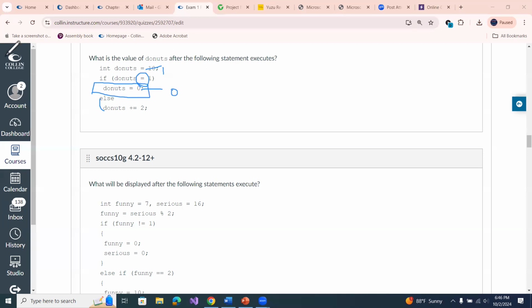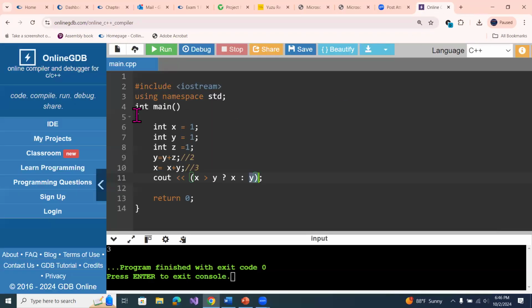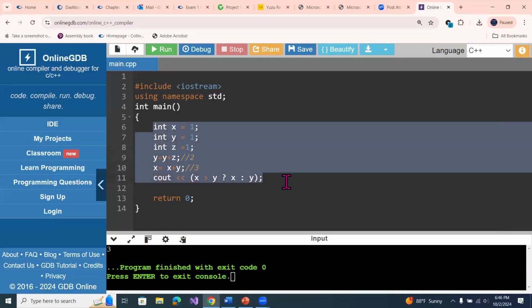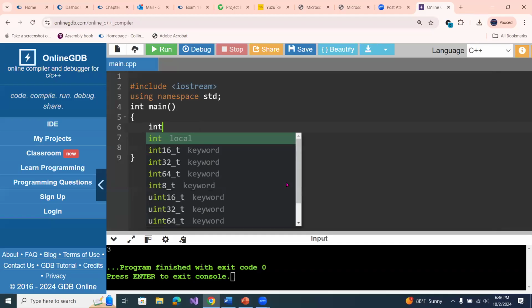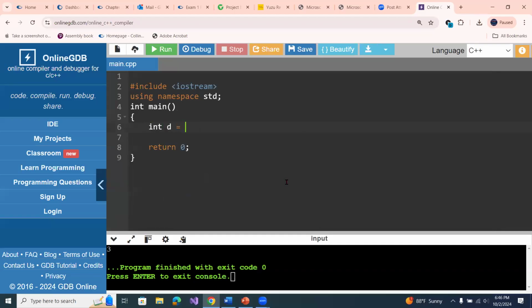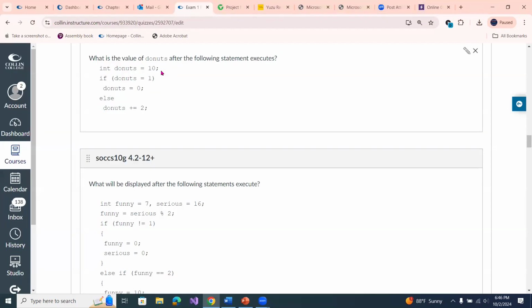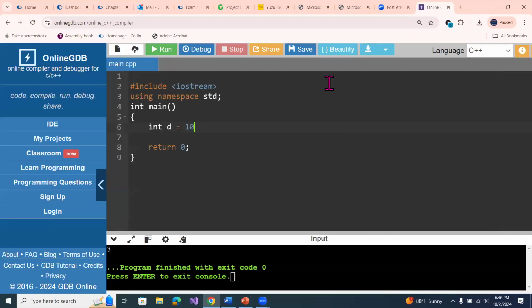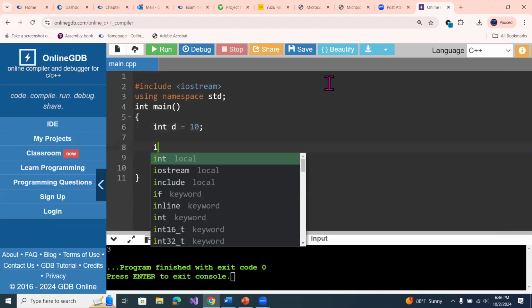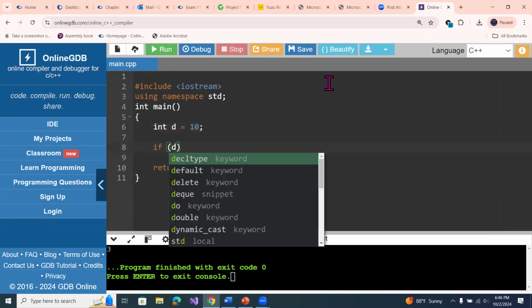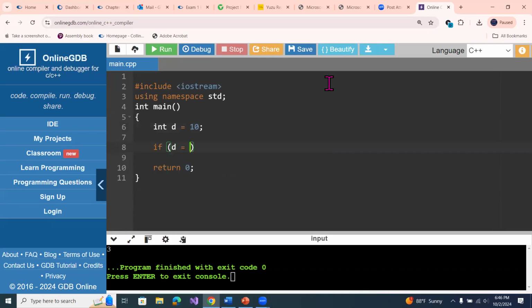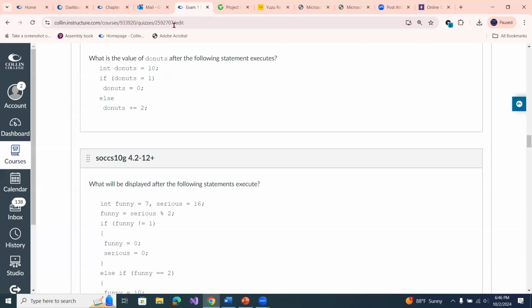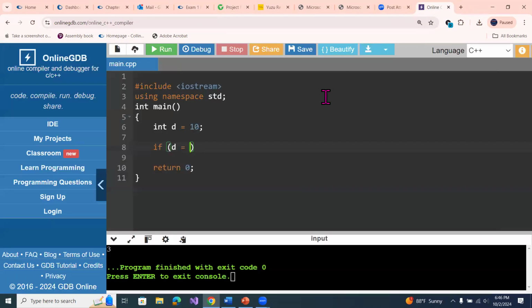Let's try that out just so you can see it. So we'd say integer donuts equals 10. If D is equal to 1. Okay, so we're going to do that.